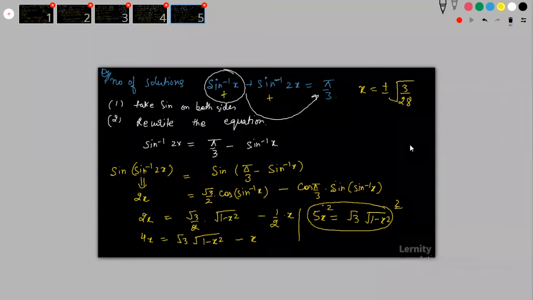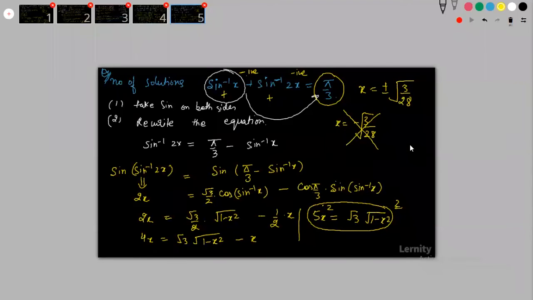And if x is equal to minus root 3 by 28, then this part is negative and this part is also negative. Negative and negative, if I add, I will never get a positive. So I will remove this solution.